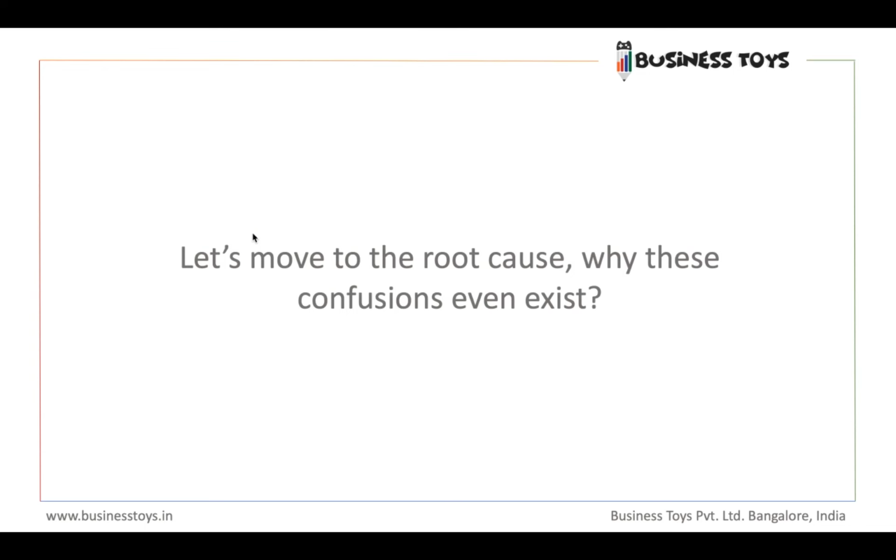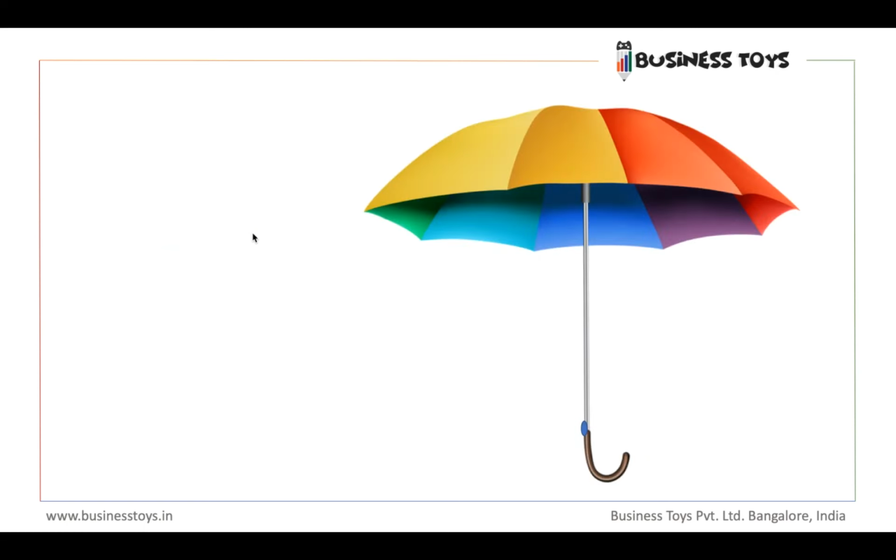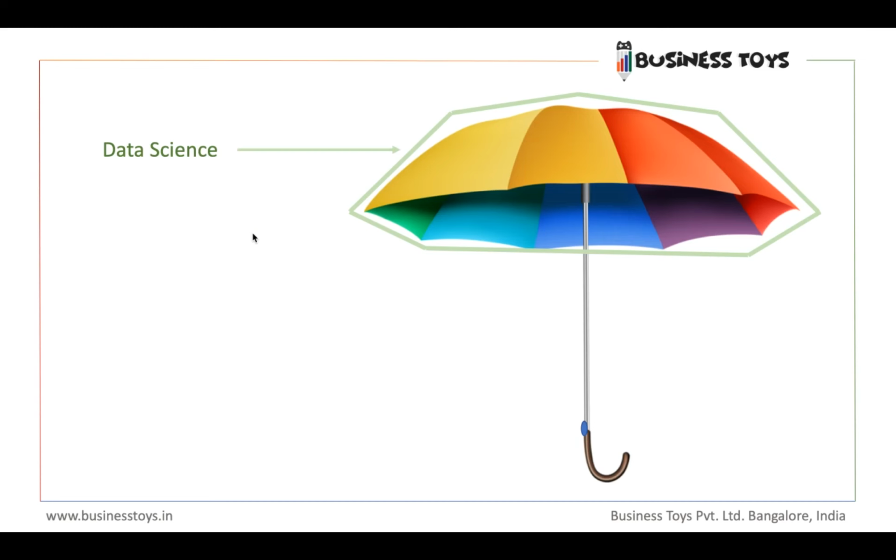I have created a small model which will help you visualize all the aspects I mentioned in my previous slide using an umbrella, right? If you look at this umbrella, I have highlighted the top part of the umbrella, which is the shelter of the umbrella, as I call that data science.